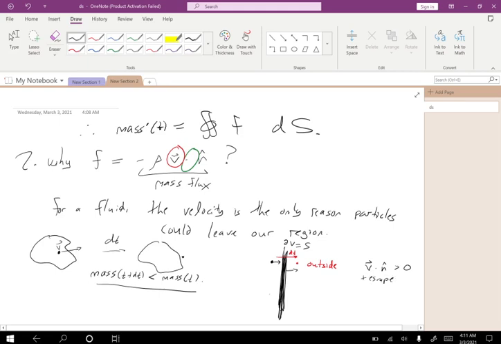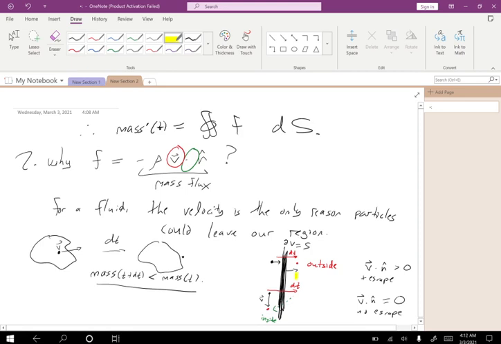So v dot n measures the escape of the particle. On the other hand, if the particle is going down, then after some time dt later, the particle is actually down here. It didn't go outside. It's actually still inside. And in this case, v dot n is actually equal to 0, and there was no escape. And you could also have inflow, right?